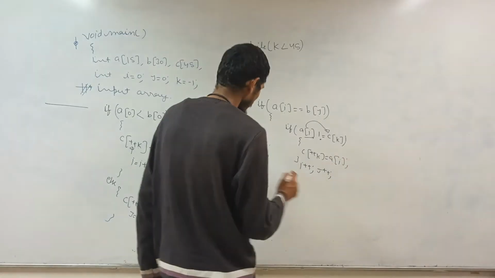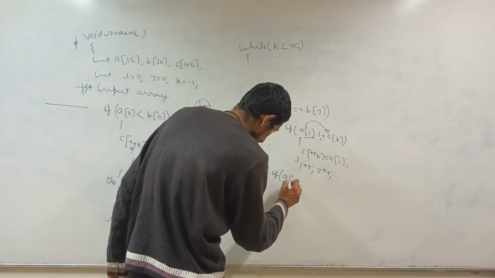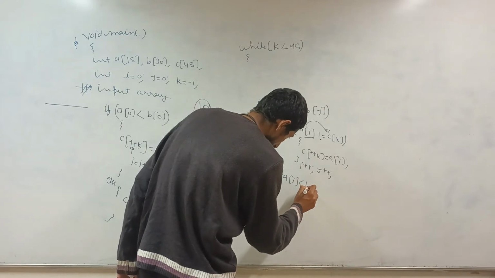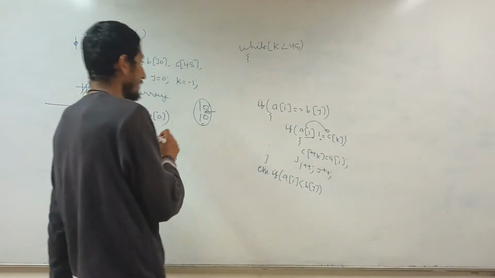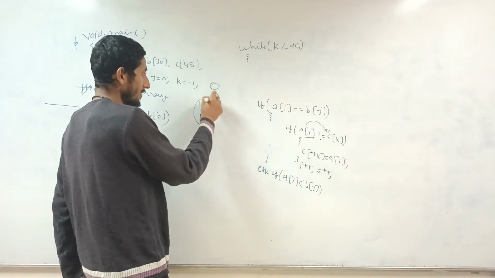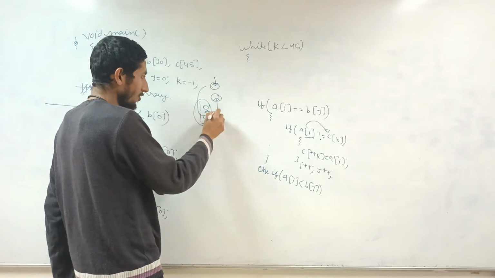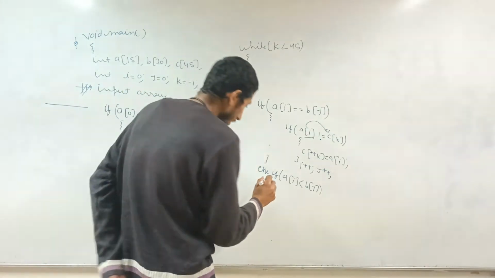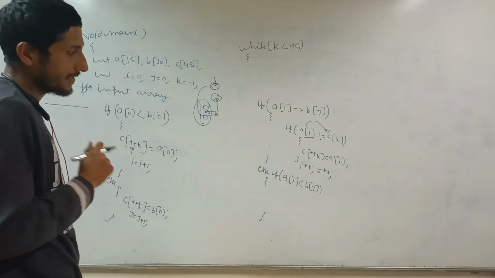Else if A of i less than B of j. What is the meaning of this? If you have two arrays where this one is smaller and this one is greater, you have to copy it from this one. But before copying, every time you have to check whether it is present inside the array or not.